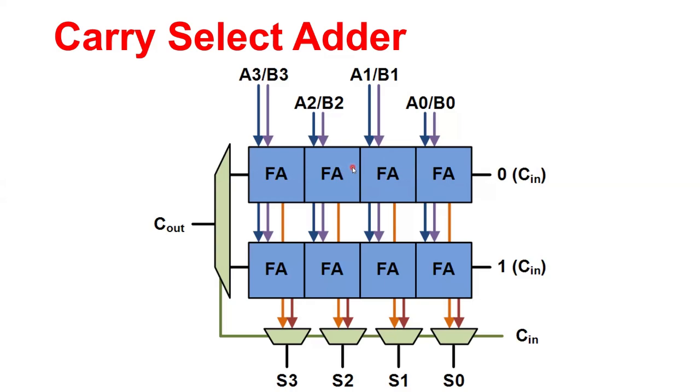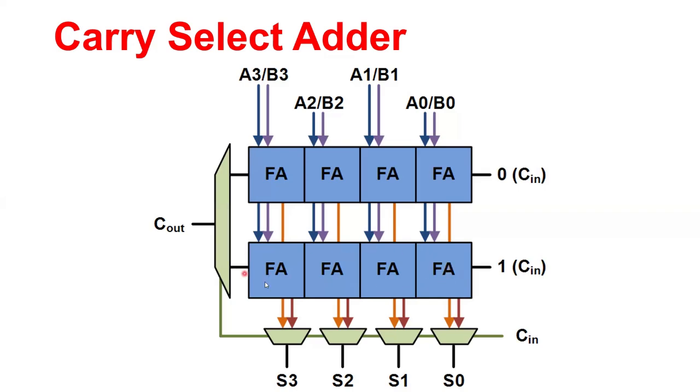So to counter this, there is another architecture or block or logic called the carry select adder, where you use two carry ripple adder circuits. In the top portion here is the example for a 4-bit adder, and the bottom is another carry ripple adder.